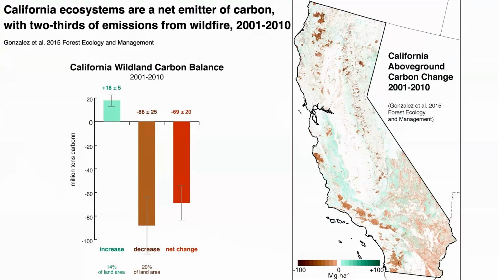And a lot of this is because the 6% of the land that burned during that time period emitted 2/3 of the carbon from ecosystems. So we see actually fire perimeters all up and down, and then smaller fires in the Sierra Nevada. And that was much more than growth could add.